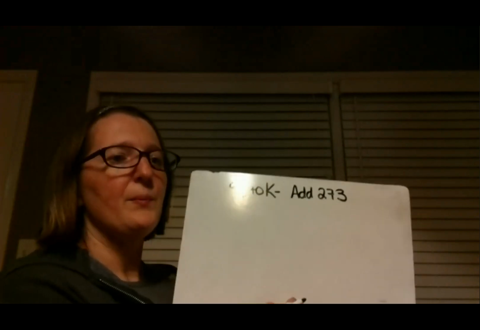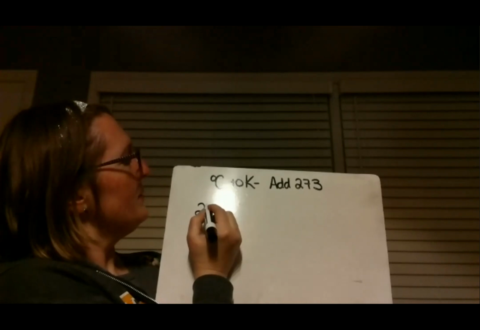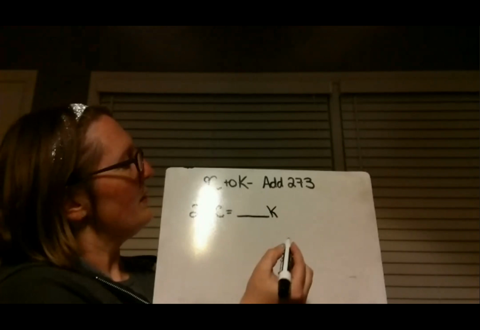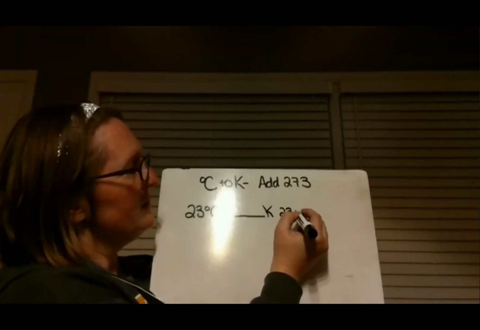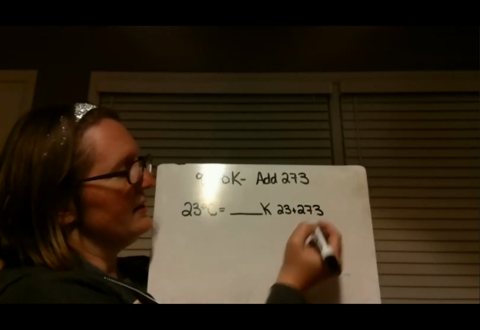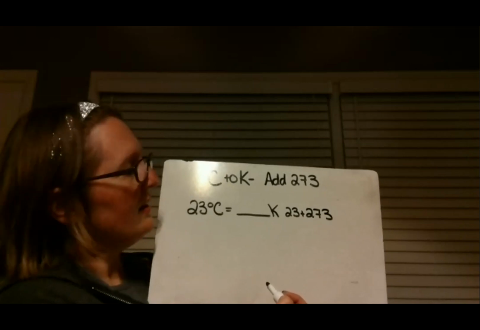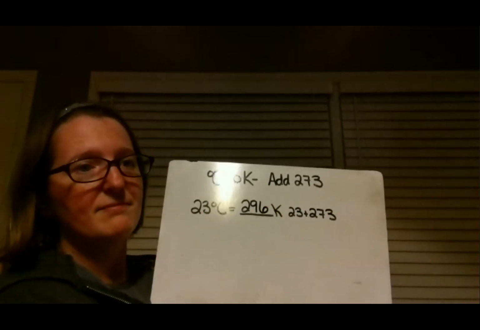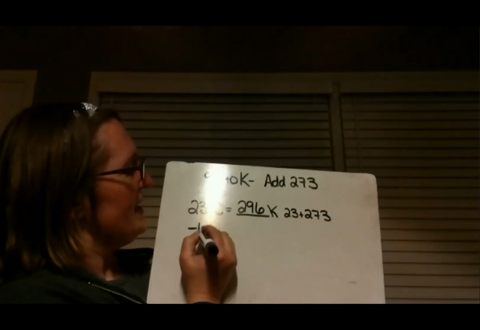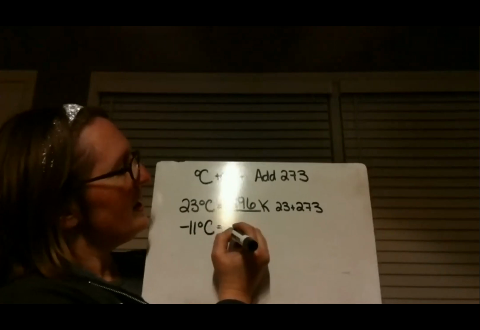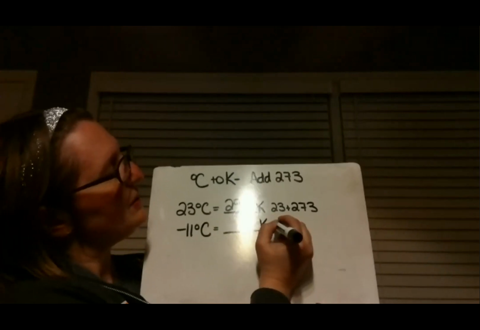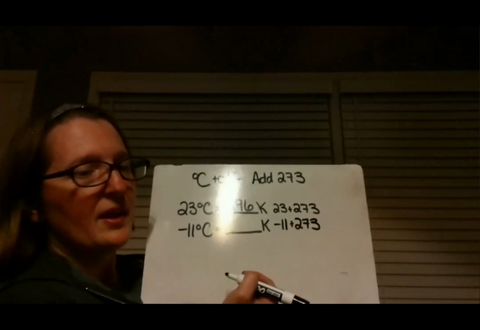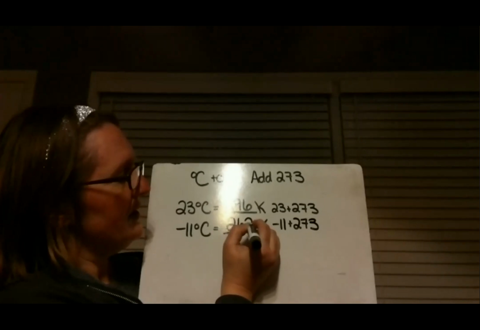So we have 23 degrees Celsius. What is that in Kelvin? Well, I'm going to take 23 plus 273, and I get 296 Kelvin. Now I have negative 11 degrees Celsius. What's that in Kelvin? I'm just going to take negative 11 plus 273, and I get 262.